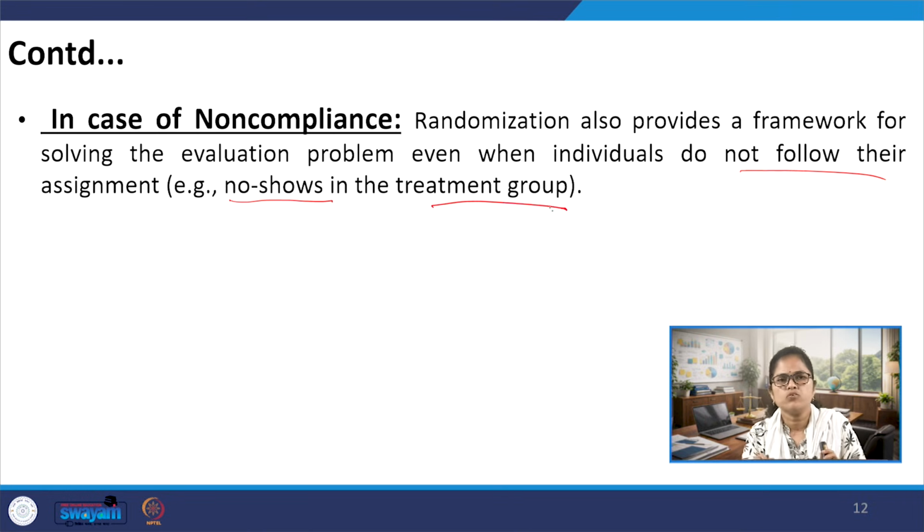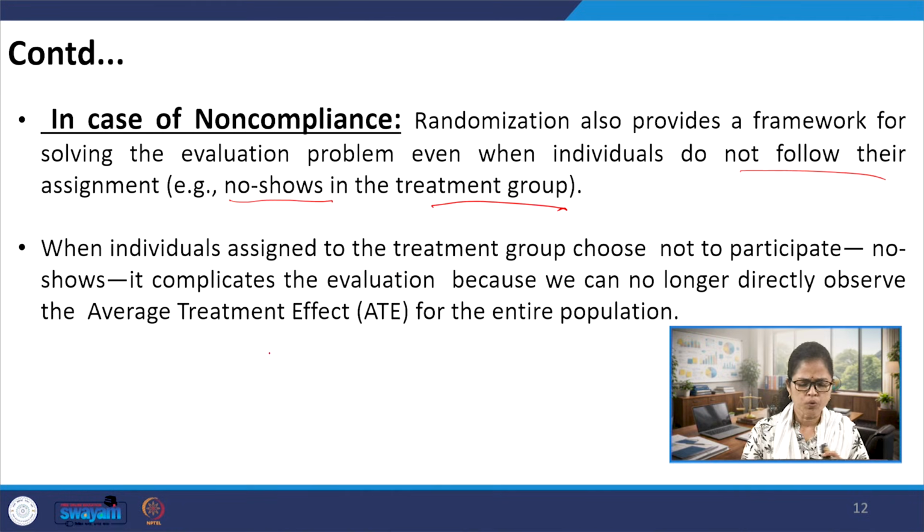Okay. So, earlier in our graphical framework we discussed this particular group as no shows in the treatment group, because although they are assigned, they are not participating in the treatment group. When individuals are assigned to the treatment group and they choose not to participate, that means participation is not compulsory, rather voluntary.